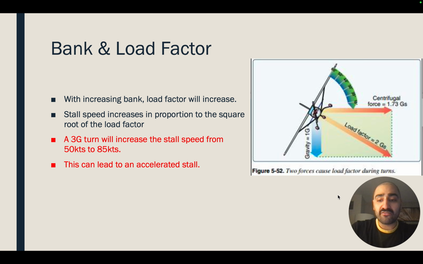So if we don't know what is going on and we're not mindful of that, we can get into an accelerated stall. Just for a point of reference, a 3G turn, meaning you're pulling 3 Gs in a turn, will increase the stall speed from 50 to 85. And at about 60 degrees of bank, we're pulling about 2 Gs, so it should not be an issue for us here.